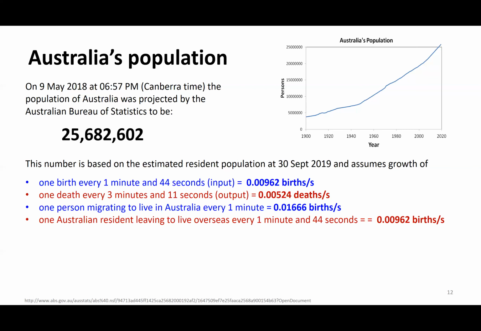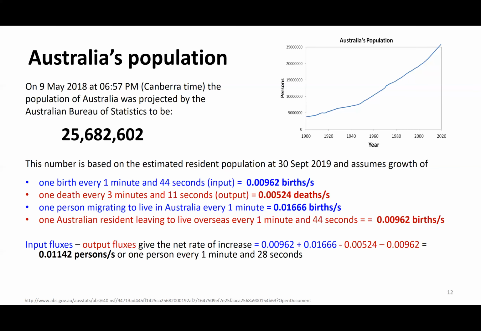If we add up these input fluxes and output fluxes, we can work out the net rate of increase of population in Australia as a net flux.